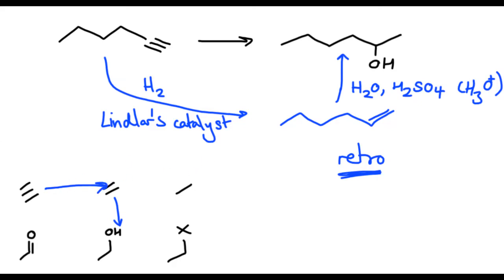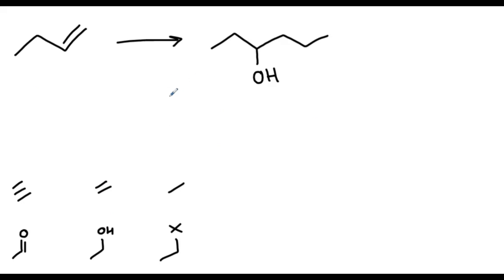Now let's take a look at this one. This is a little bit more involved because there are 1, 2, 3, 4 carbons here and 1, 2, 3, 4, 5, 6 there. So we're adding 2 carbons, and this is going to use reactions that you saw last semester. What reactions do you know about how to form a compound like this?